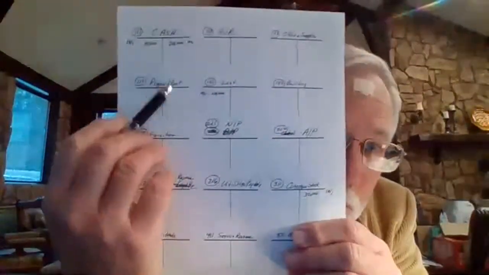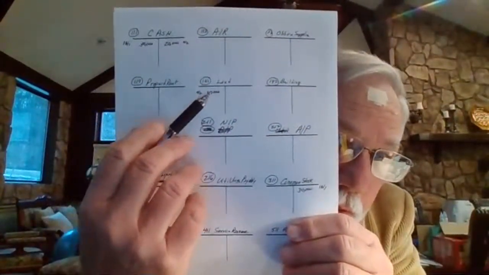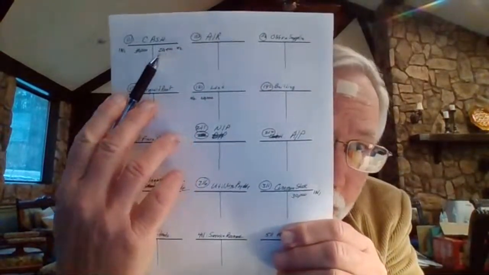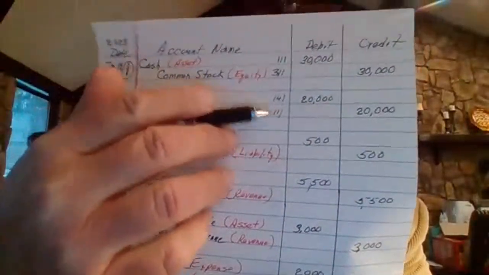So here's the posting for the land account, November 2nd, $20,000. Cash, November 2nd, $20,000. Now I'll cross-reference that with the journal entry using the account codes, so I know that they're posted. Everything is cross-referenced. Land is account 141. Cash is account 111. So right here I have it. That signifies that I posted it.